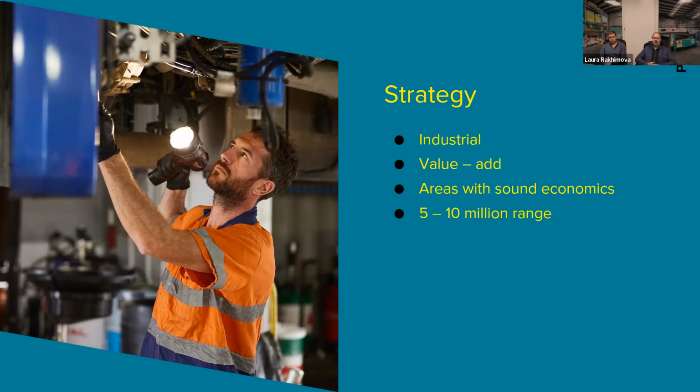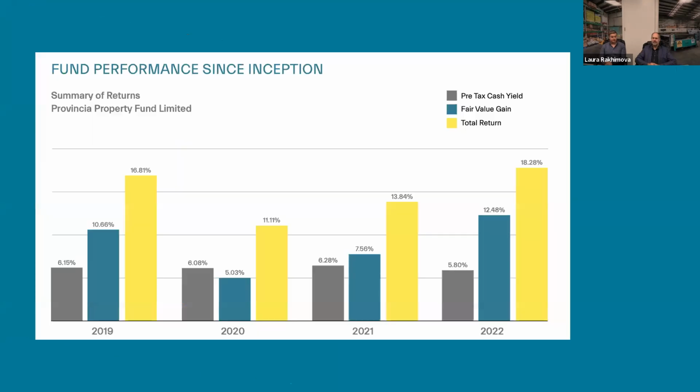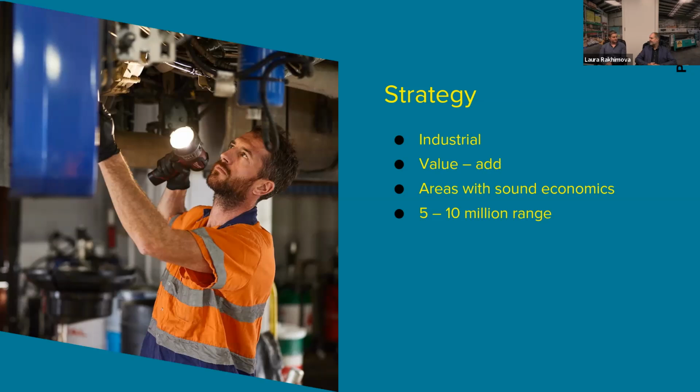And we find that between 5 and 10 million value, we can get new tenants pretty quickly. We've proven that over the last few years with our fund, especially after COVID, we've had zero vacancy. The tenants that have needed to change, we've been able to change, and there are such great areas that we can change it within a week, so the changeover time is really good.